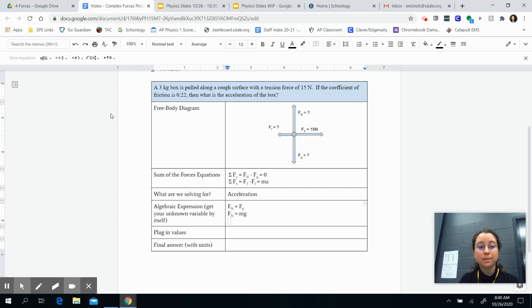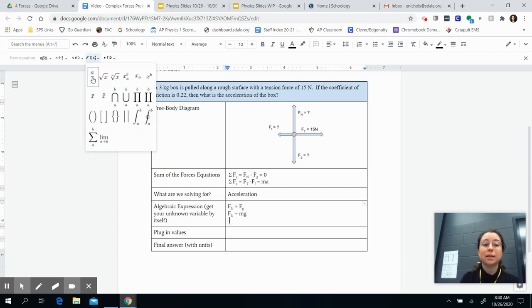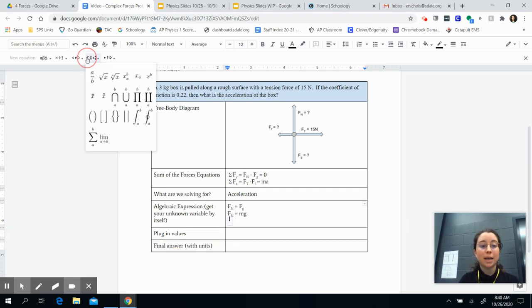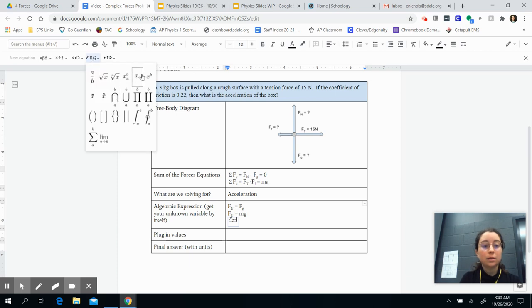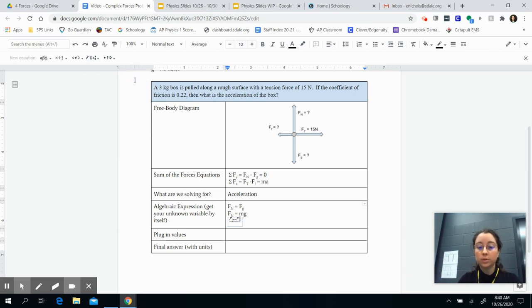So I want a new equation, and I'm going to want a fraction, because what I'm going to say is that force tension minus force friction divided by mass is going to equal acceleration, right? Now, you can't stop here because I don't have force friction yet, so I have to keep going.